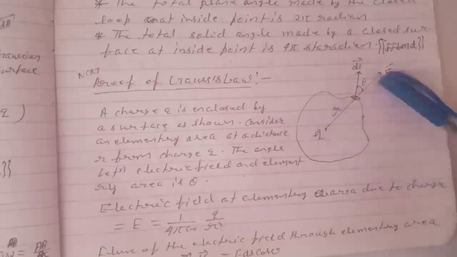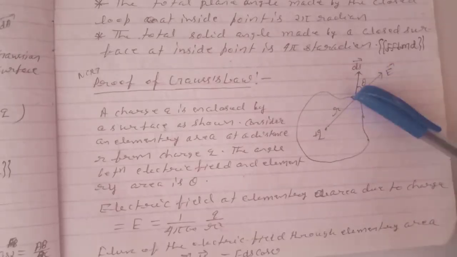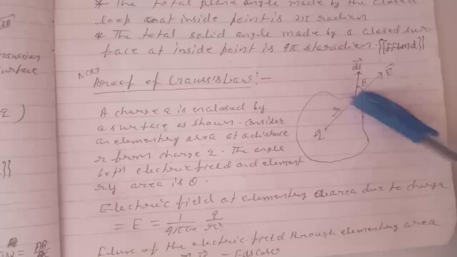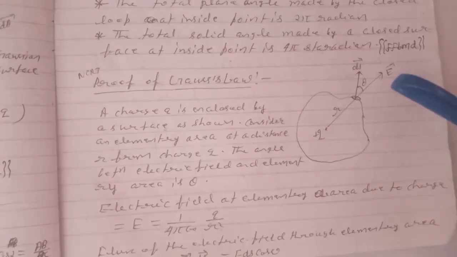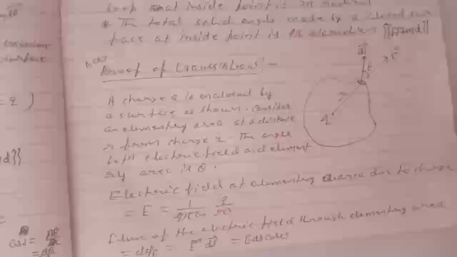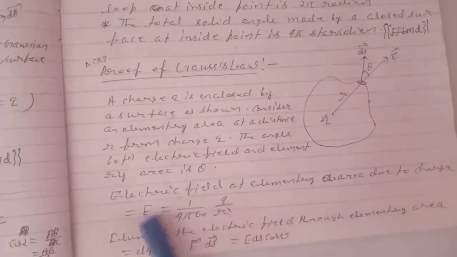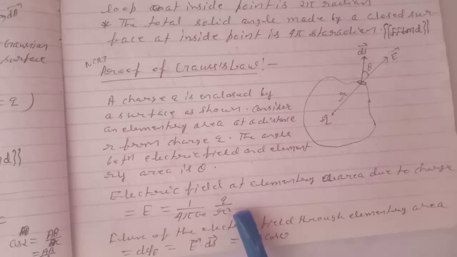Electric field is always in the radial direction, so the electric field will be in this direction, but the area may be in another direction. It depends on the surface which we have chosen. So here the ds direction is in this direction, that is, the area vector. The ds is the area vector. Hence the electric field at the elementary area due to the charge is equal to 1 by 4 pi epsilon naught q by r square.